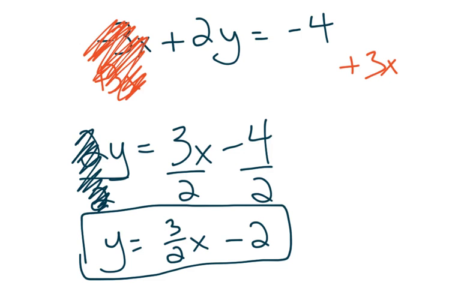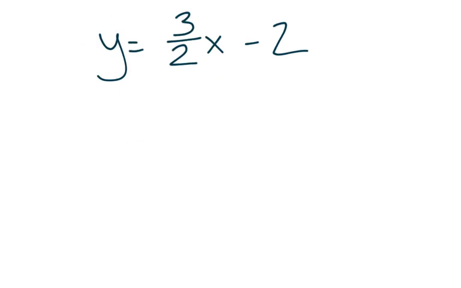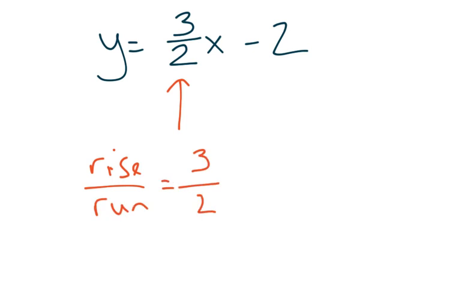And let's look at it a little bit more in depth. So don't forget that this is the slope. So rise over run is 3 over 2. And the y-intercept is negative 2.